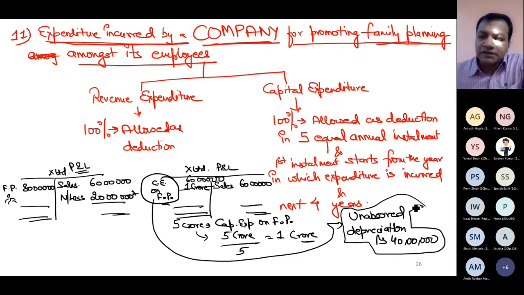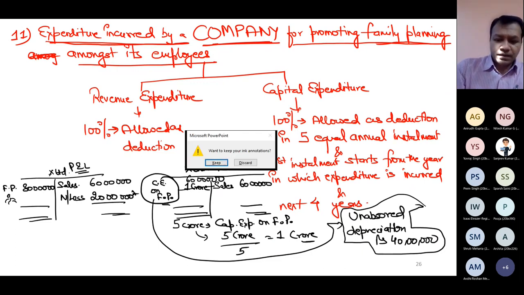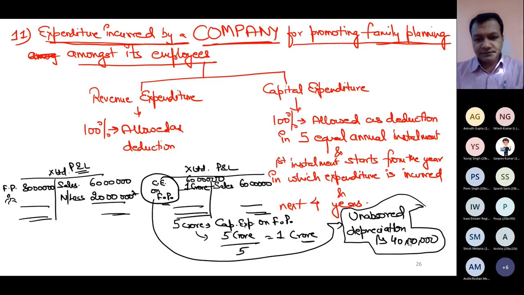They will not be merged, and they will not be known in future as business losses. They will keep their own identity: depreciation if not fully adjusted, capital expenditure on scientific research if not fully adjusted, and capital expenditure incurred by a company if not fully adjusted. These will be called in future with the name unabsorbed depreciation. Please raise your hand if the concept is clear.